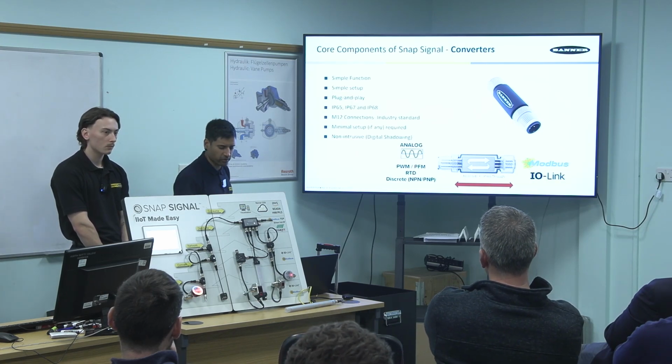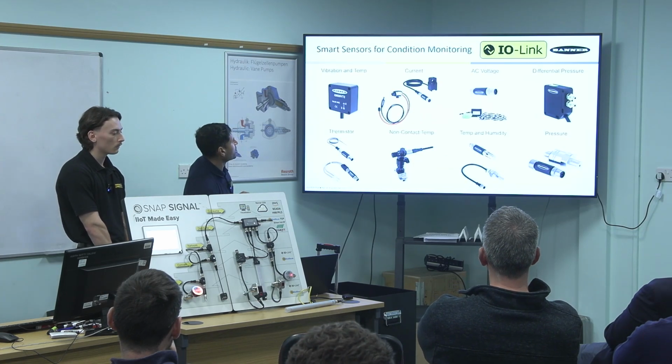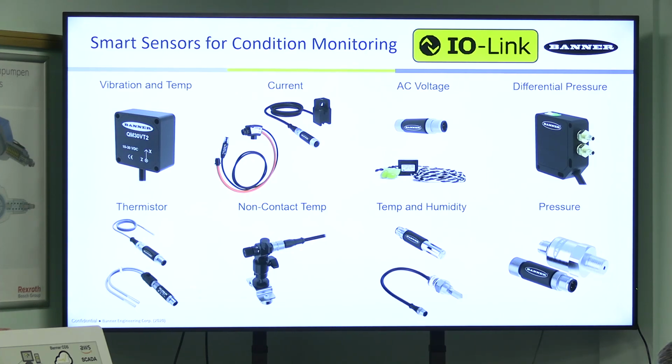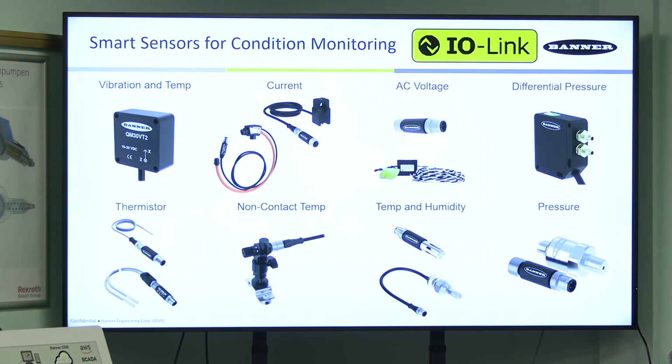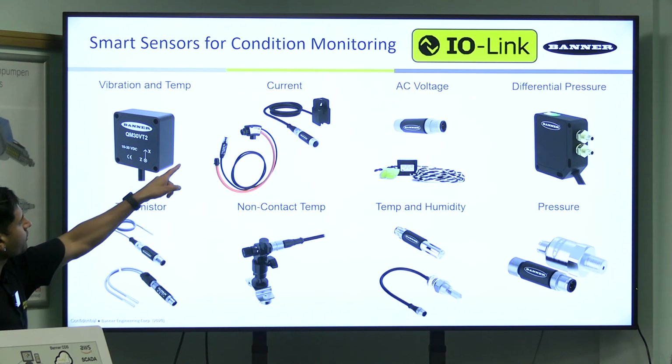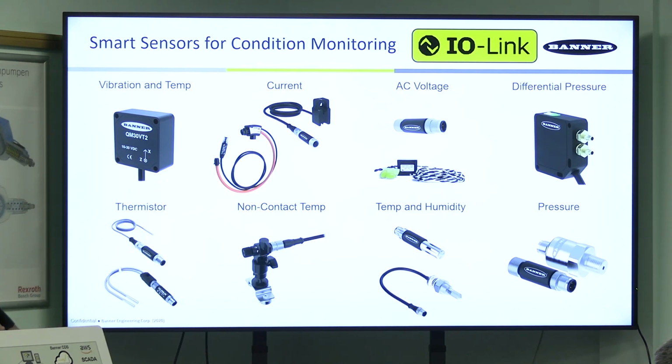It's a Modbus device. And these are some of the new snaps that we've got, well, some new and old. We've got vibration temperature sensors, so we could monitor on 2 axes the vibration and temperature of a motor. That's quite a popular product of ours, isn't it, for condition monitoring and predictive maintenance. We've got CT clamps as well, current transformers.